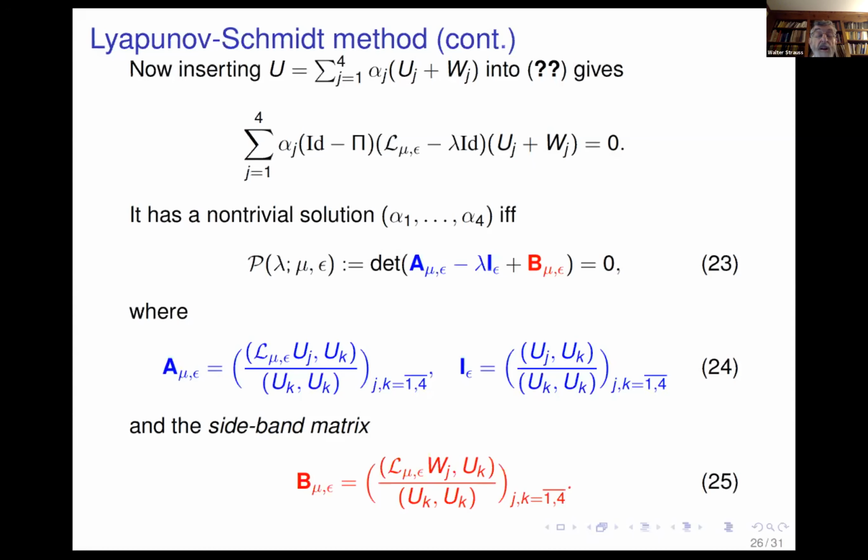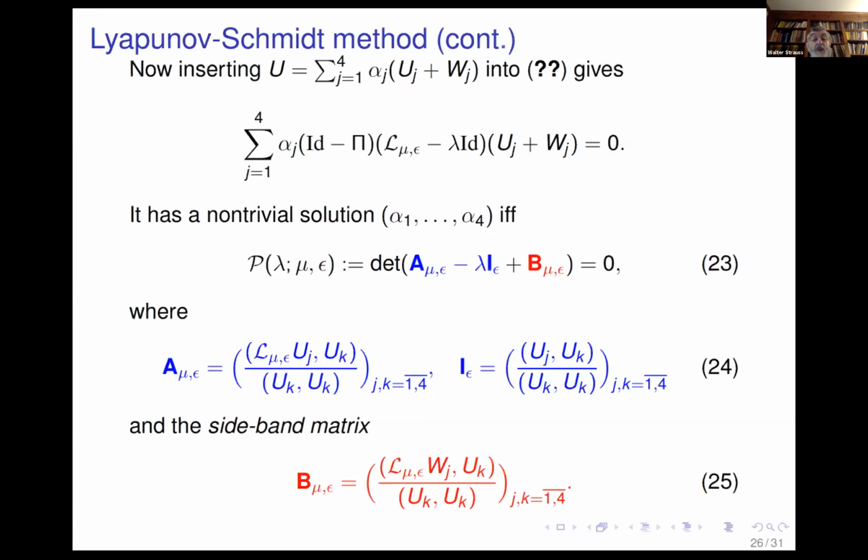And WJ, of course, is given by a rather complicated formula, but we just want to find a non-trivial solution of the alphas, and that means we want the determinant of the matrix that you can see here to be 0 to make sure there's a non-trivial solution.